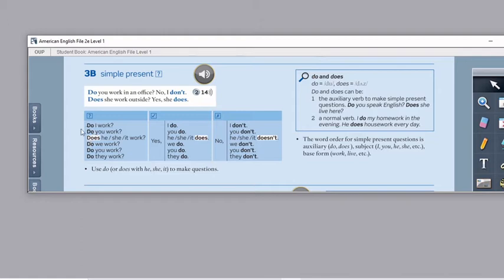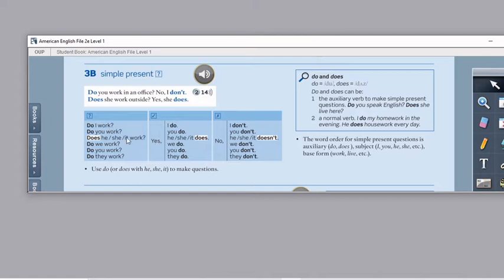So we use the auxiliary verb do for most of the subjects, but does for he, she, it. Does a man, a girl or woman, or a thing.